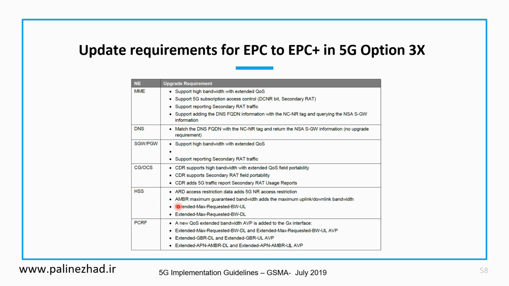In HSS, you see that here we have AMBR maximum guaranteed bandwidths. Okay, we need to change it and extend maximum request bandwidth in uplink and downlink direction. And also in PCRF and OCS, extended bandwidths need to be added on the Gx interface, and also the other values for AMBR, APN-AMBR, GBR.